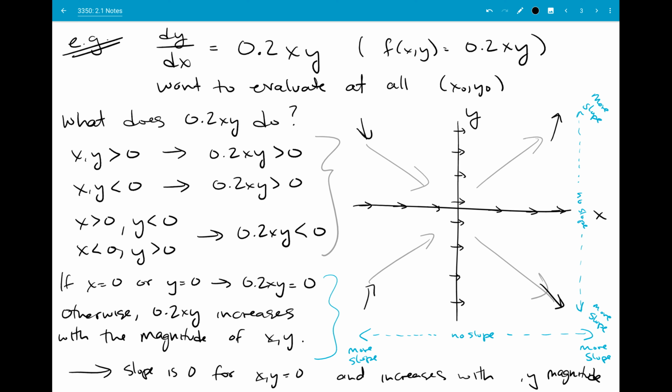So our steepest slopes are going to be kind of on the edges. And then we're going to start with these horizontal slopes when x and y are 0, but they'll slowly become less flat as we move further and further away towards that steepest point. Kind of like that.